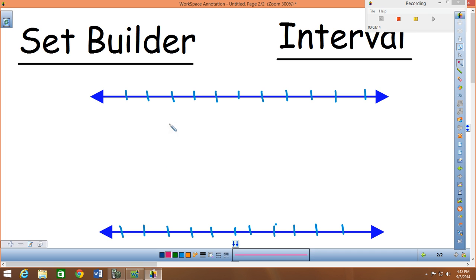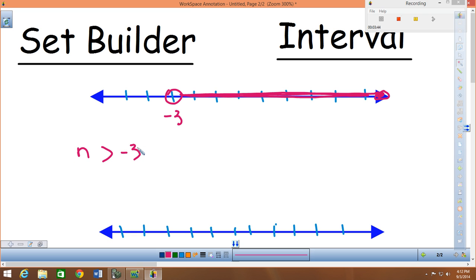Like if I had this graph right here, let's say that we are going this direction right here, and I want to know about these values. Okay, we're going to say that this value, let's say that that's -3. Okay, in set builder notation, this would be, let's call it n, the number over here is greater than -3.